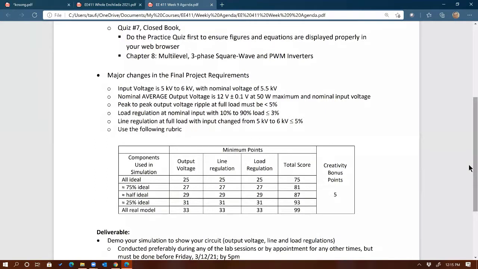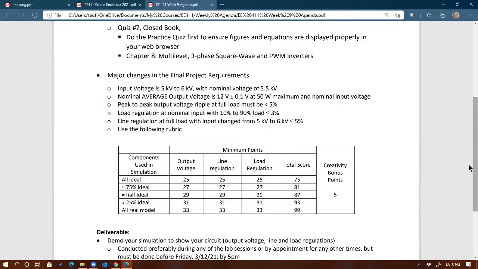So please skip or ignore the other requirements, but focus on these 5 requirements, which are the same as the initial requirements, except you can now ignore the rest.